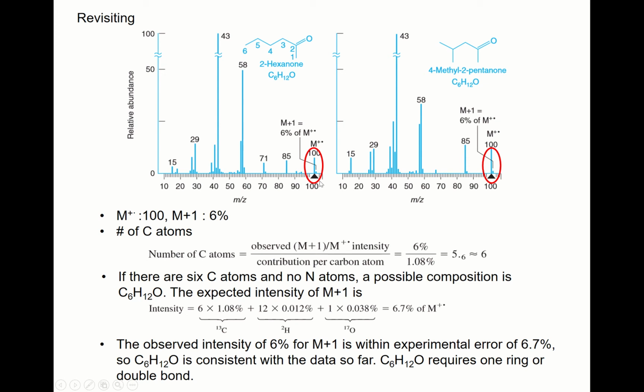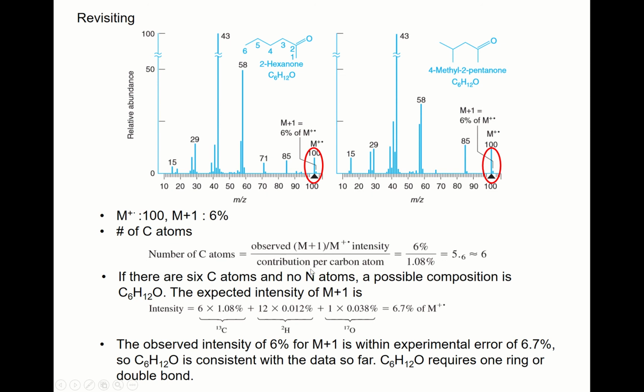This mass is 101, only one mass greater. We can rationally think that this one mass number difference is due to carbon 13, not carbon 12.